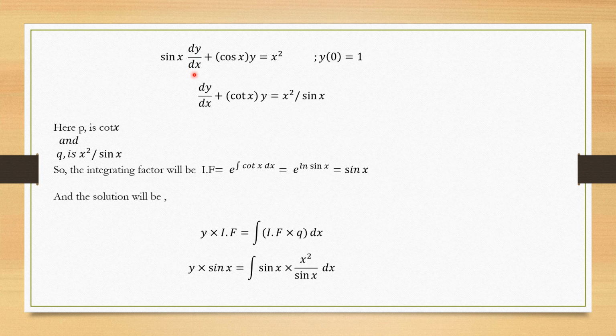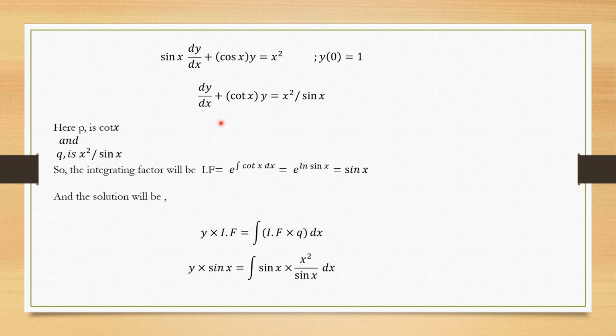We can write it as dy/dx + (cos x / sin x) y = x square by sin x. Again we know that cos x by sin x is equal to cot x. So here we can write it as dy/dx + cot x y = x square by sin x. And here we can see it as a linear differential equation.